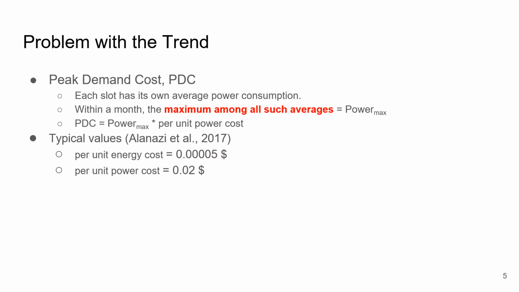For each such slot, the average power demand is calculated, and at the end of the month, a maximum of all such slots is taken as power max. Then, power max is multiplied with a predefined per unit peak power cost to get the peak demand cost for the month. Shown here are the typical values used for per unit consumption cost and per unit peak demand cost.